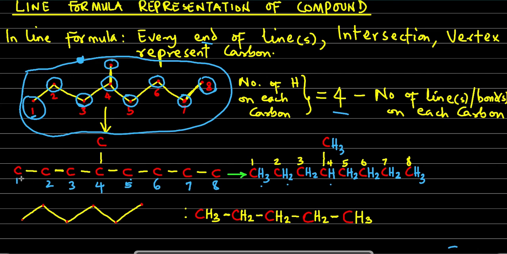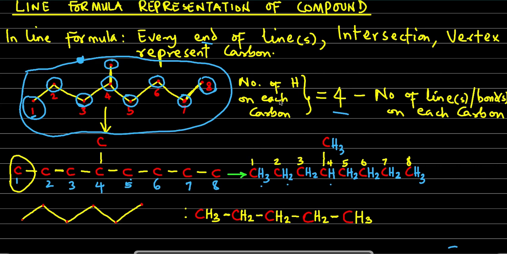If you look at carbon 1 here, carbon 1 has just one line making contact with it. So for us to know the number of hydrogens on carbon 1, we subtract the number of lines making contact with carbon 1 from 4. 4 minus 1 gives us 3.